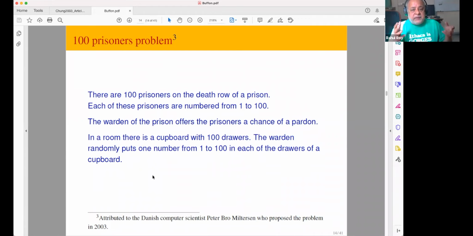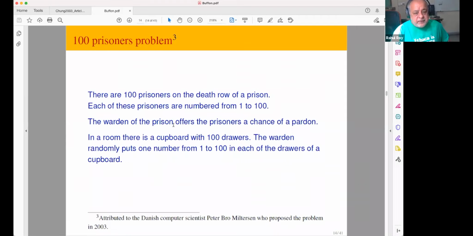So there are 100 prisoners on the death row of a prison. And suppose each of the prisoners is numbered from 1 to 100. So everybody has a T-shirt on which is given his or her number, just like our cricket players. So there's a prisoner with number 1 on his T-shirt, another with number 2, etc., up to 100.